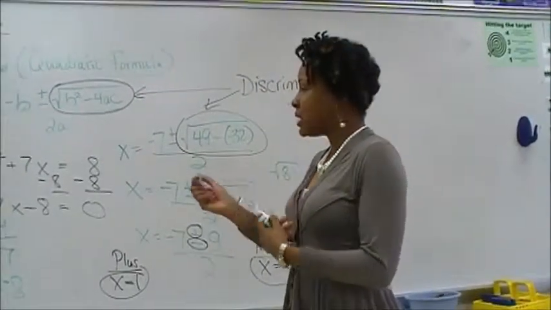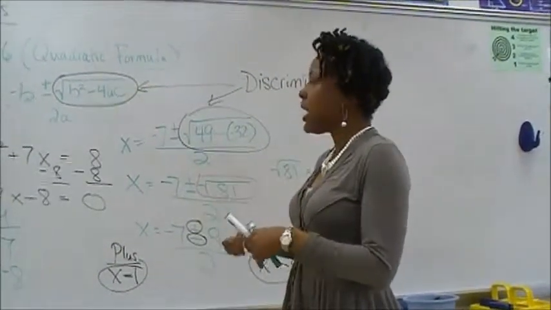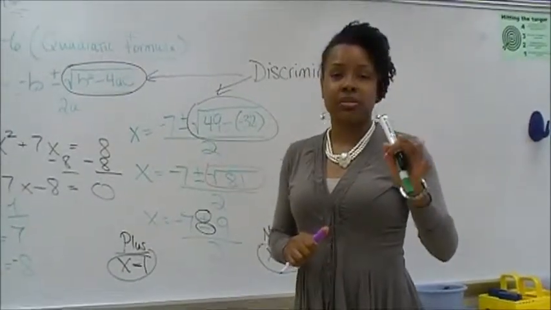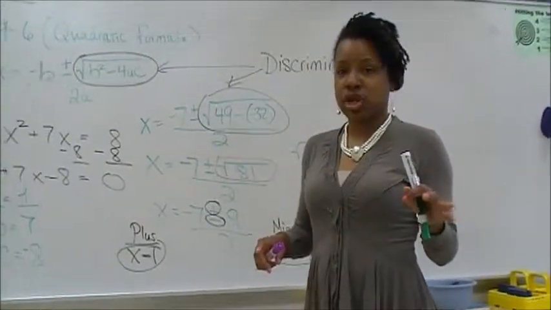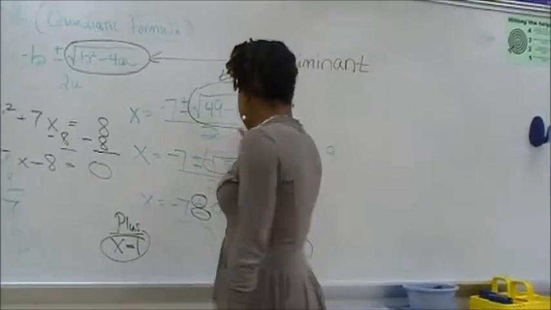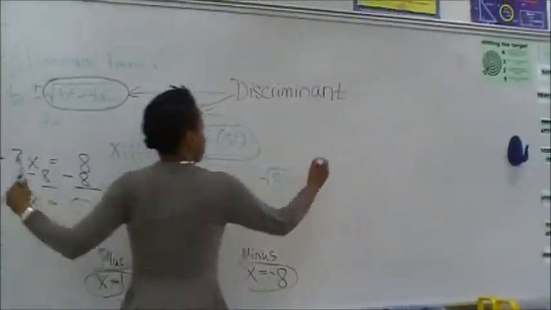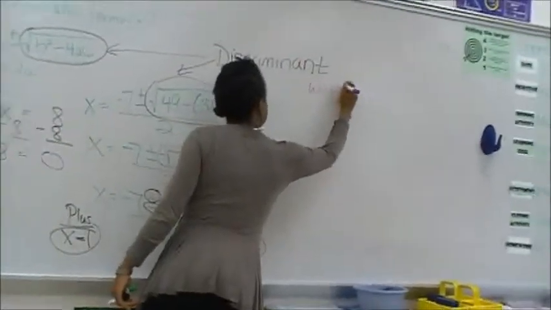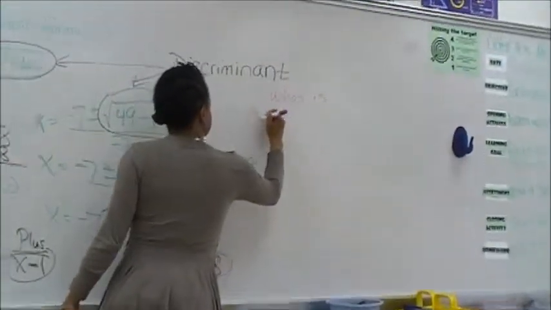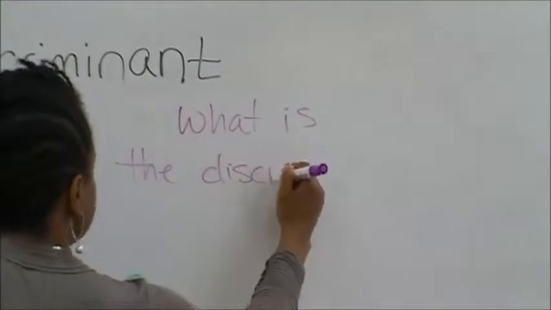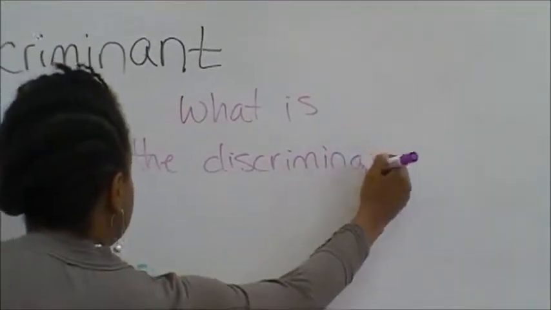Okay, the last thing on the test is if I ask you to find the discriminant. It's really easy. If I was to give you this original equation and I said, what is the discriminant? Don't try to solve the whole problem.